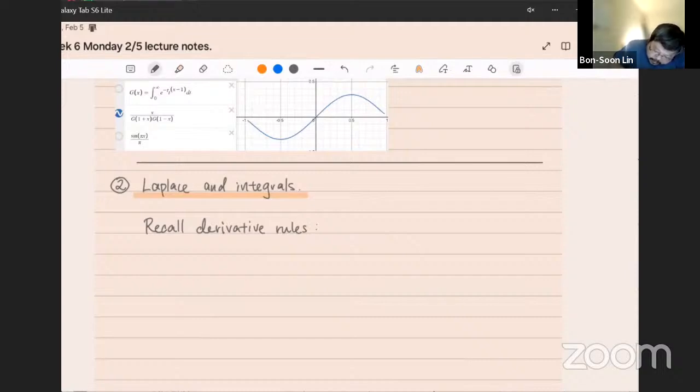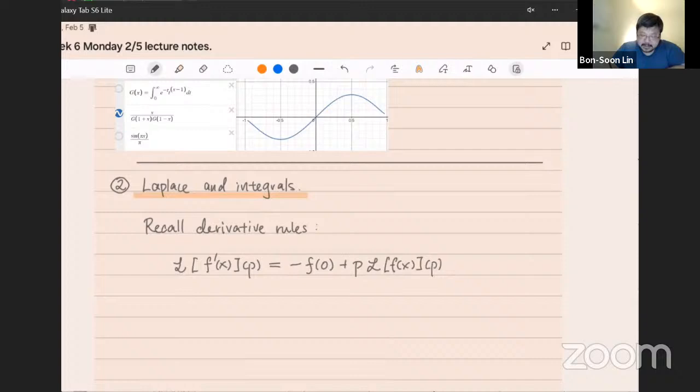The inside one, let me remind you, it was something like Laplace transform of f prime of x of p is equal to, and I hope you can all recite it in your sleep, negative f of 0 plus p times the Laplace transform of f of x of p, right?